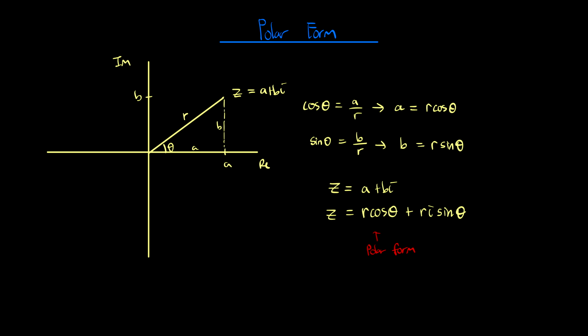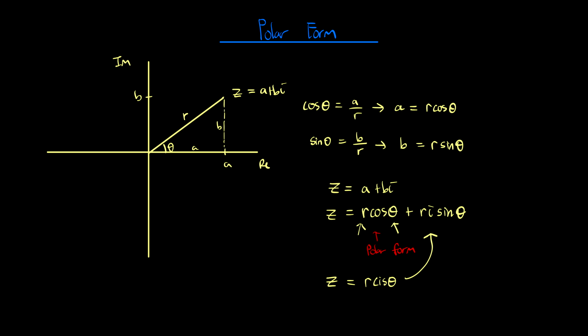And it turns out, as long as you have r, which is the modulus of z, and theta, which is the argument of z, we are able to find the complex number. So this is also represented as r cis theta, where r cis theta just expands to that. And that's also polar form.